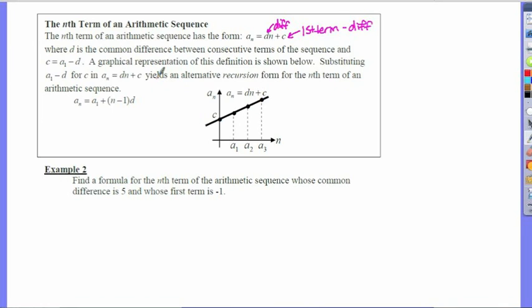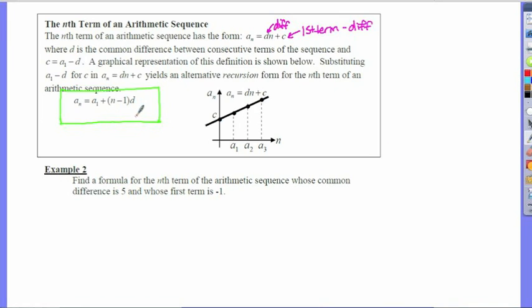Now, to be honest with you, we're probably not going to use that equation too much because you're really limited as to what information you have and what you can do with this equation. So I'm going to suggest that you use this one for basically everything. And let's talk about what the different pieces of this equation mean.